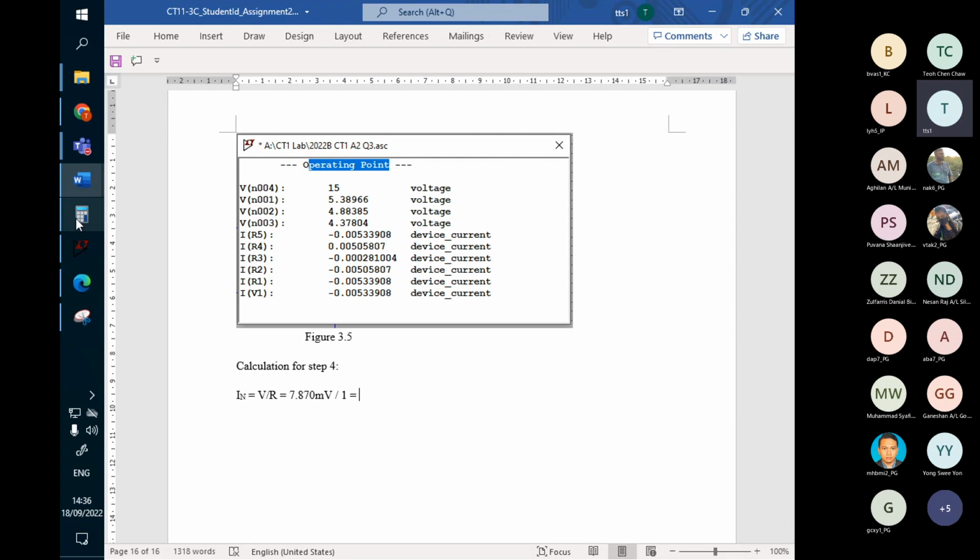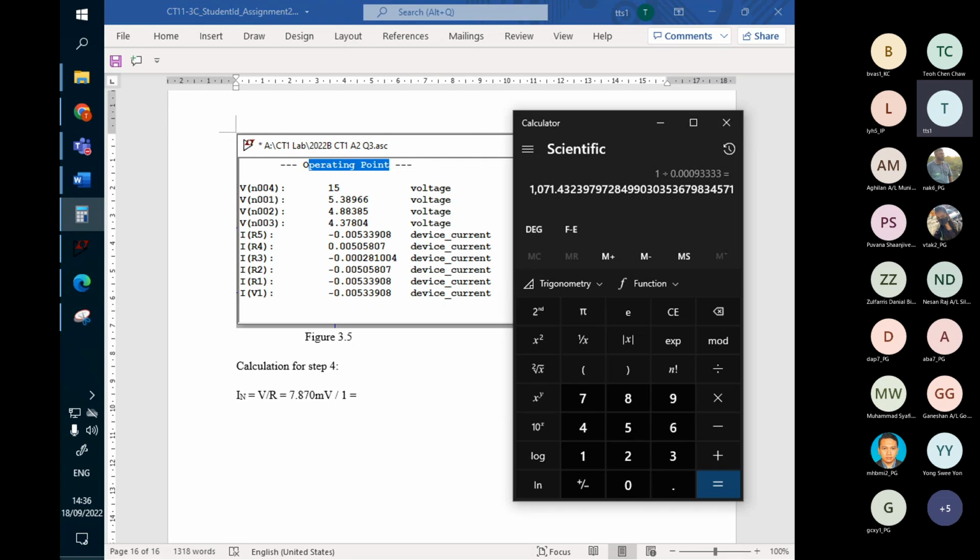Good, let me touch my calculator. 7.870 milli divided by 1. We get 7.87 milliampere. 7.87 milliampere.